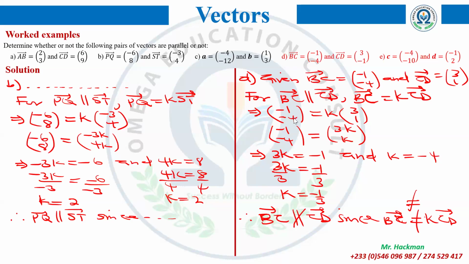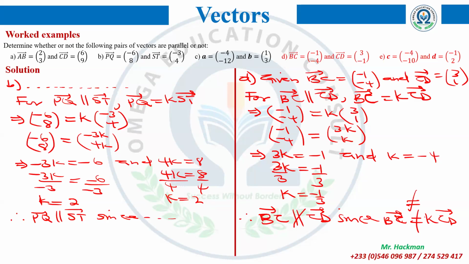Or is it root of 13 or root of 17? Because this was 16 plus 1. So 17 is bigger than 10. So this will be a bigger one. And because you didn't get the same values, that's the more reason why you had this situation. So this is better.